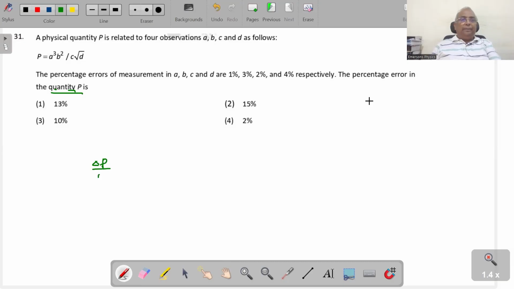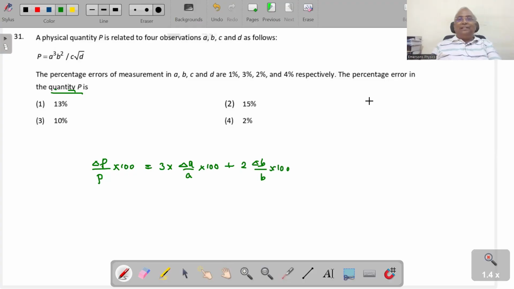del P by P into 100 is equal to 3 into del A by A into 100, plus 2 into del B by B into 100.